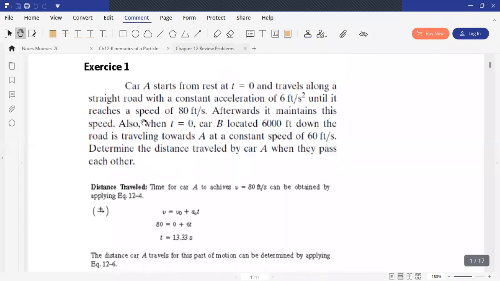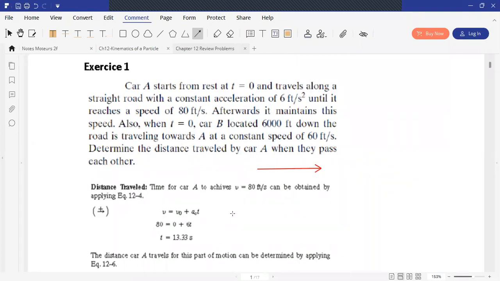So, in any problem like this, try to draw a small scheme that can help you in your analysis. For A, we have two phases. At t equals 0, it starts a motion with constant acceleration. So I have phase 1, of constant acceleration, equal to 6 feet per second squared.